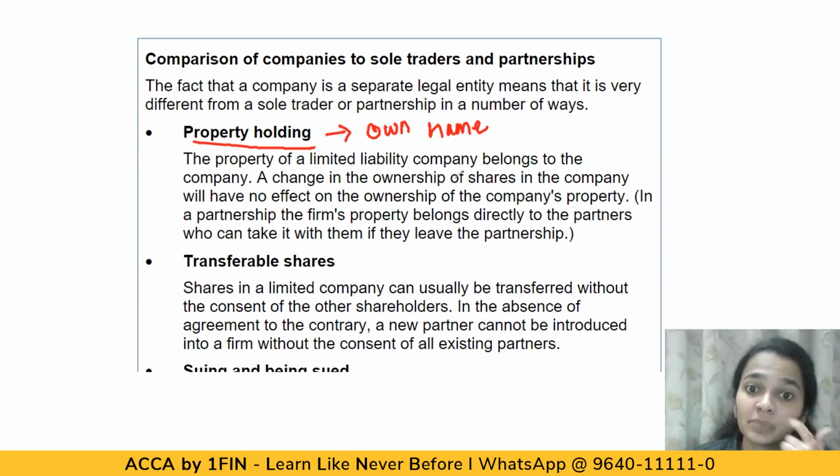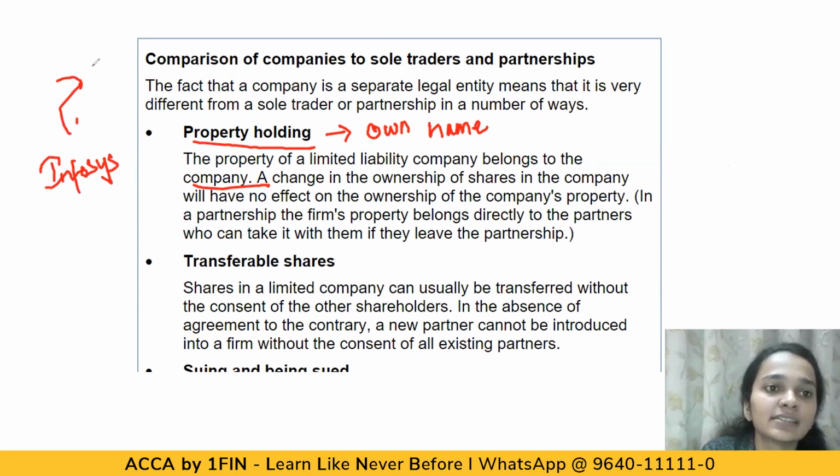So, the property of a limited company belongs to the company, and change in the ownership of shares in the company will have no effect on the ownership of the company's property. Now, this particular sentence basically means, say, I am a shareholder of Infosys. Now, Infosys has certain property which is in the name of the company, that is Infosys.